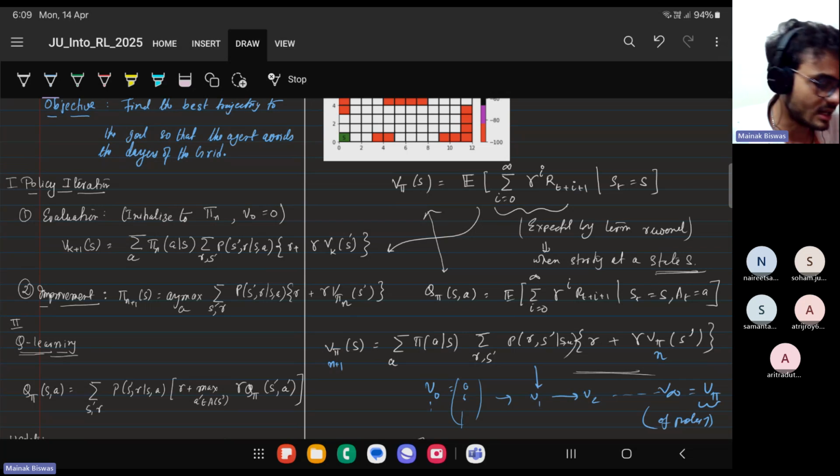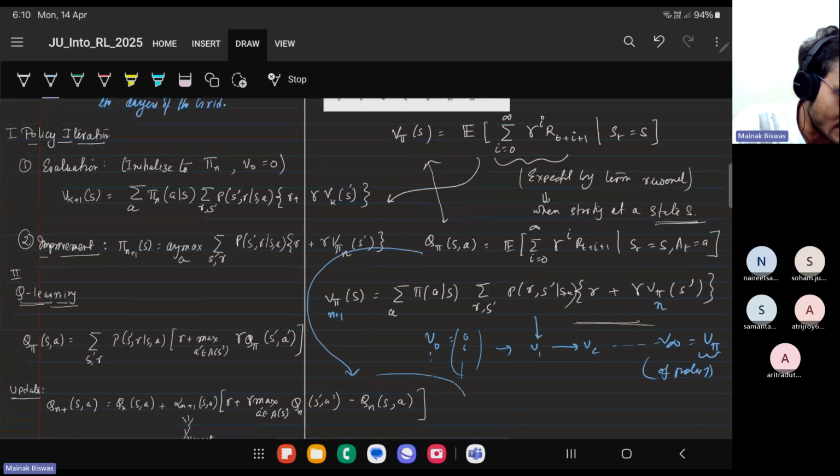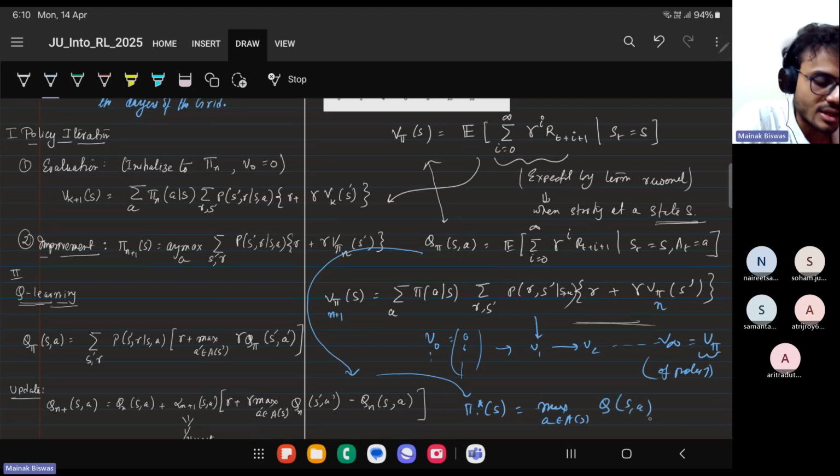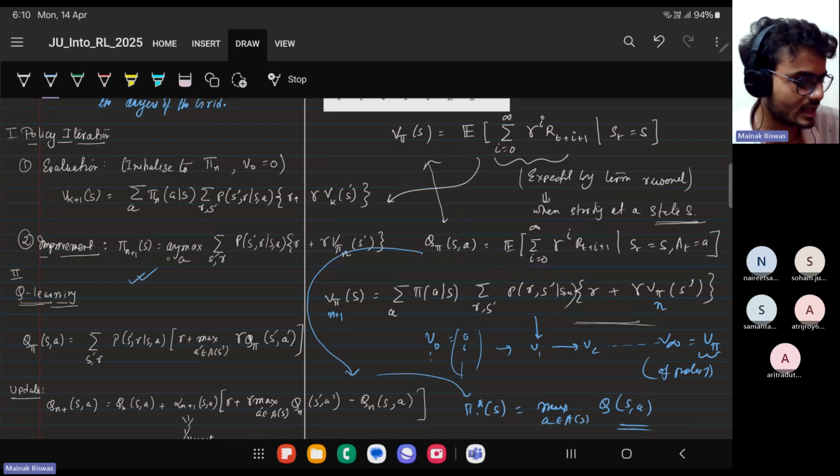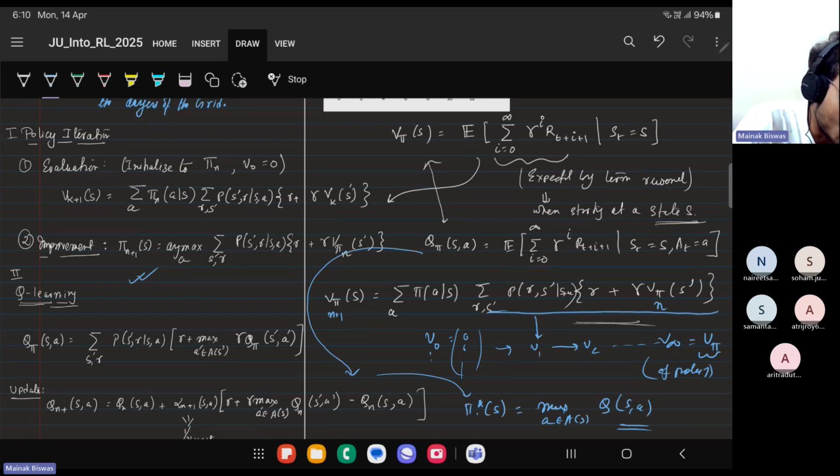But then, what are we trying to do? Now we said that we want the best action. So we had seen that the best policy pi star of s, in a state, is the action that maximizes Q of s comma a. Just putting the values into the equation, we had seen the improvement equation: it was the argmax over the inner summation.